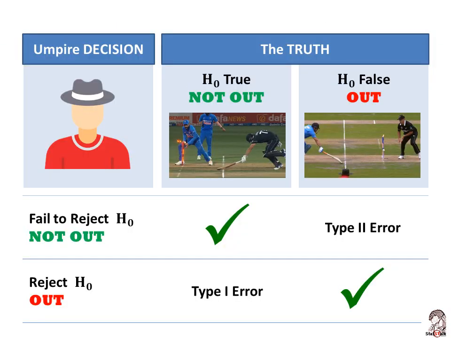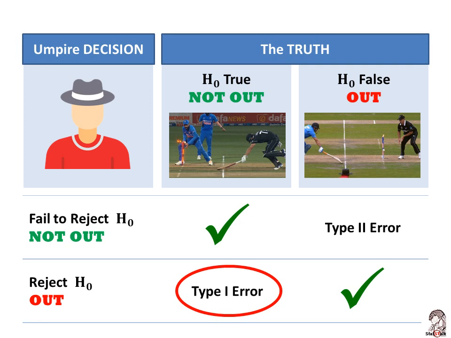Well, anytime we make a decision using statistics, there are 4 possible outcomes, with 2 representing correct decisions and 2 representing errors. Here, a type 1 error occurs if the third umpire rejects the null hypothesis and concludes that a batsman who failed to enter into the crease before the removal of bails is declared out when in fact it is not.